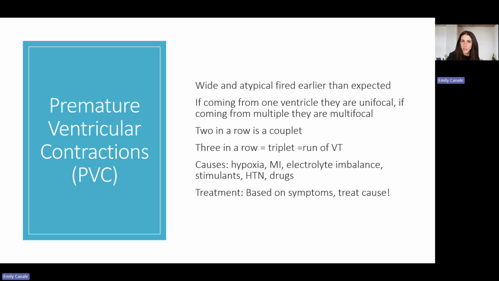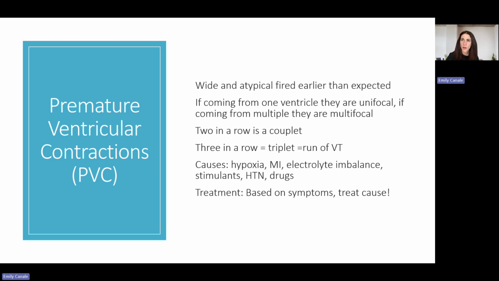It can be termed a unifocal PVC, where it's firing from that same pacemaker cell, and they all look the same. But sometimes on a lead, you might see them looking differently. So we could have multiple pacer cells involved, and that could be termed multifocal PVCs.